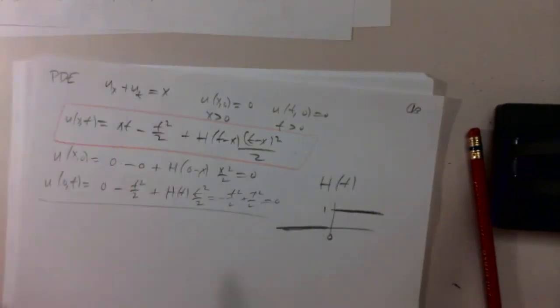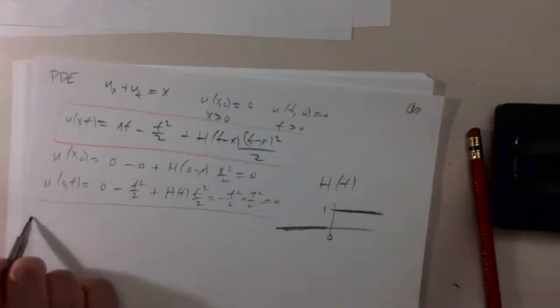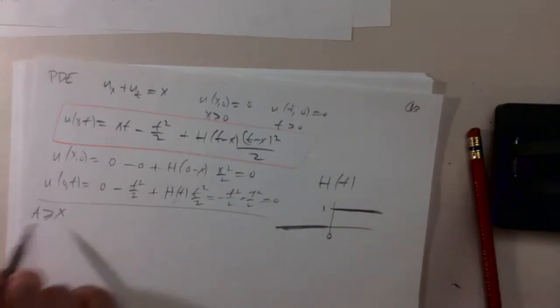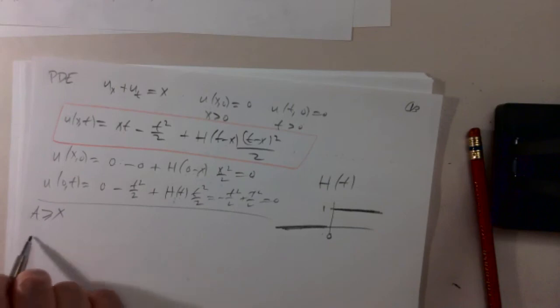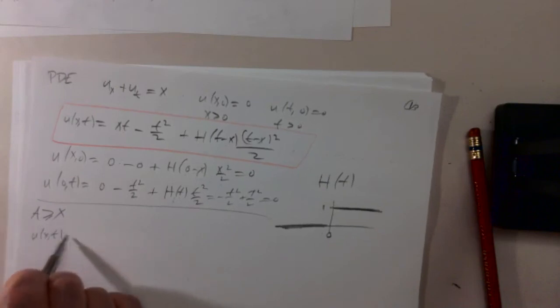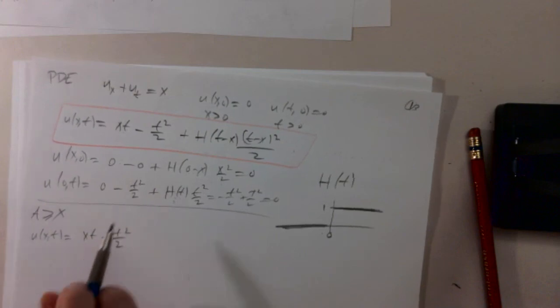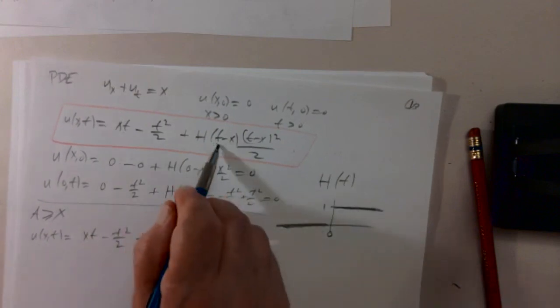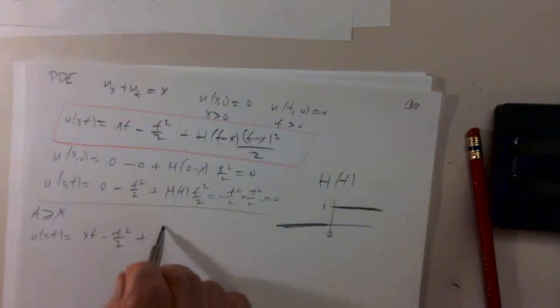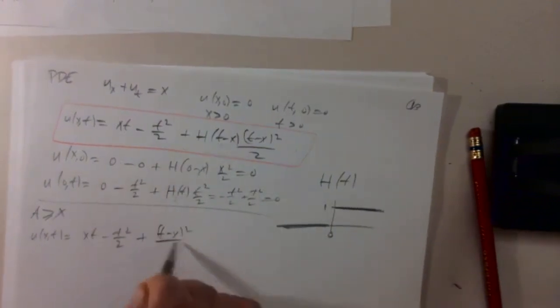But what about the differential equation? So this is divided into two cases. In the first case, t is greater than or equal to x. In that case, u of x, t is equal to xt minus t squared over 2 plus H of t minus x, which is 1, times (t minus x) squared over 2.